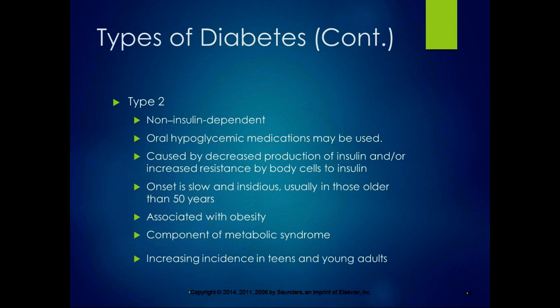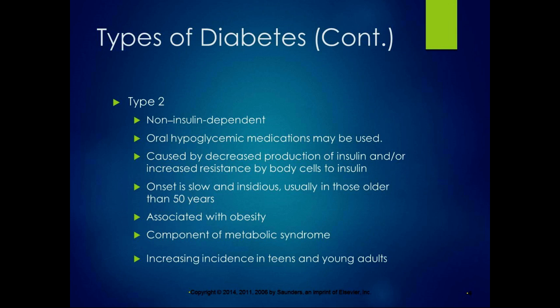It is associated with obesity, and it's a component of metabolic syndrome. There's unfortunately increasing incidence in teens and young adults. Metabolic syndrome involves high triglyceride levels, high blood sugar levels, and high cholesterol levels. And they're all associated with obesity.